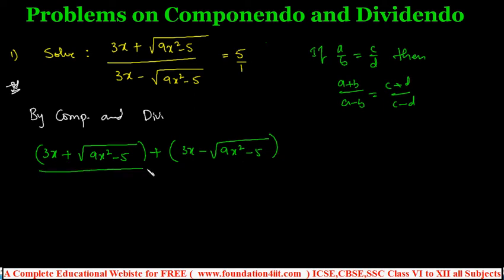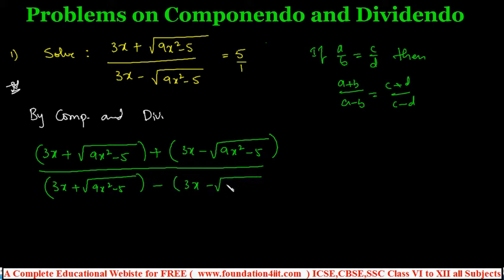So a + b by a − b, numerator plus denominator by numerator minus denominator, that is 3x + √(9x² − 5) + 3x − √(9x² − 5), in the numerator; and the same 3x + √(9x² − 5), minus the denominator, 3x − √(9x² − 5).